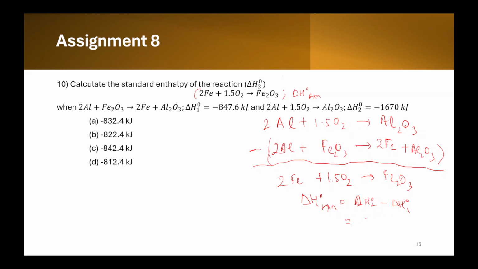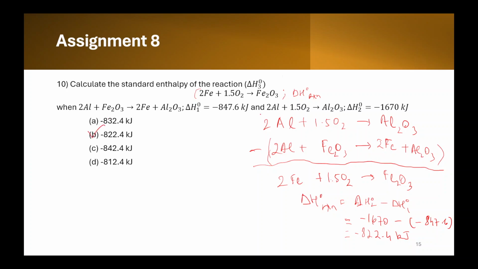So delta H2 naught is minus 1670 minus of minus 847.6. Again, all the units are consistent, kilojoule itself. Minus 8 kilojoules. So correct answer is B part.